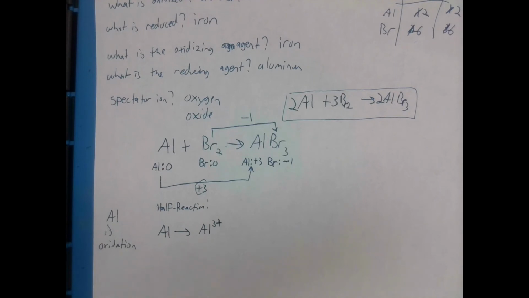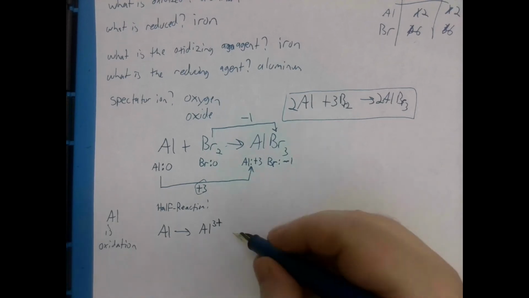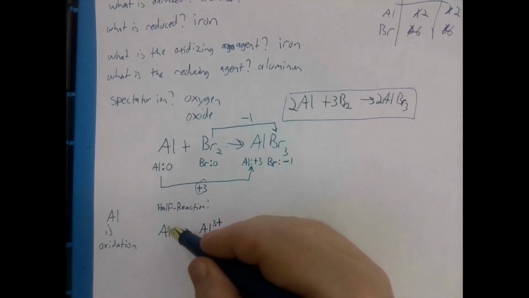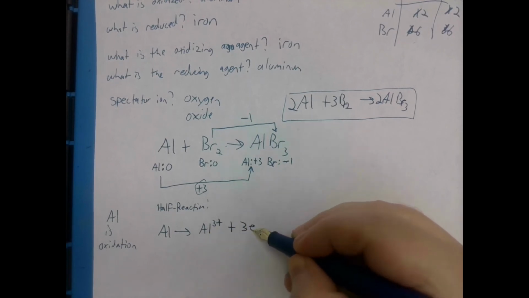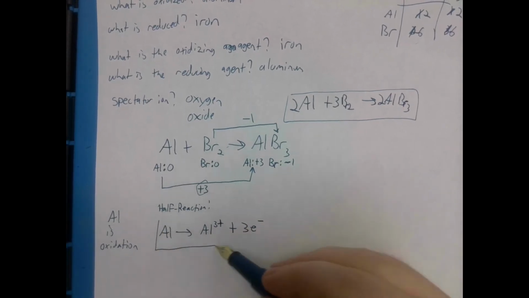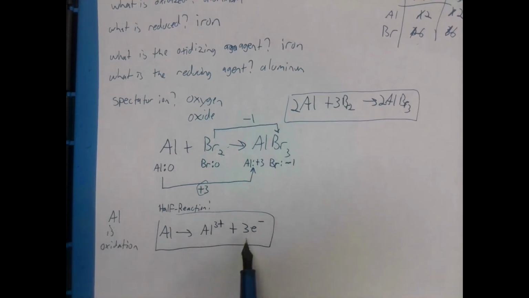Well, in respect to electrons. Is it gaining electrons or losing electrons? Electrons are negative. So it's going from having all of its electrons to becoming an ion and giving up 3 electrons. So the 3 electrons are splitting away from the aluminum, giving this 3 plus.